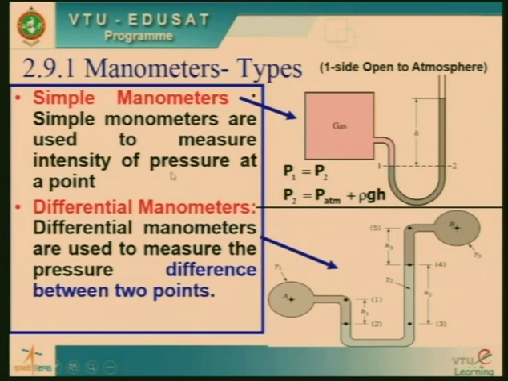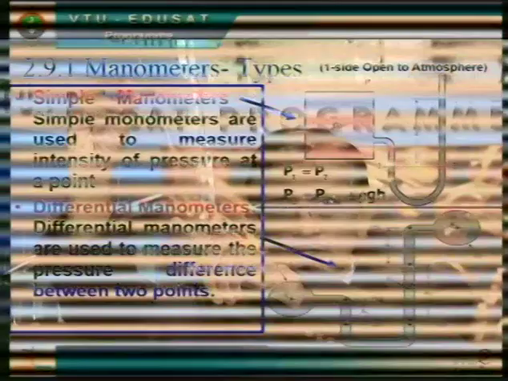At the same time, the differential manometer works on the difference in level between two points. As I mentioned yesterday, assume this is a pipeline, pipe A, and perpendicular to this you are seeing the cross section, pipe B. I am connecting these two pipes with a glass tube and putting in a manometer liquid.